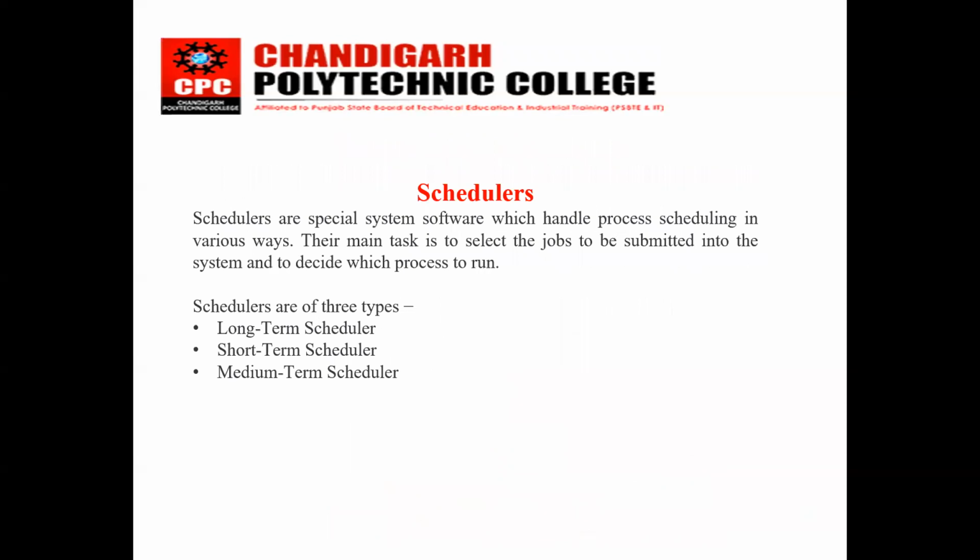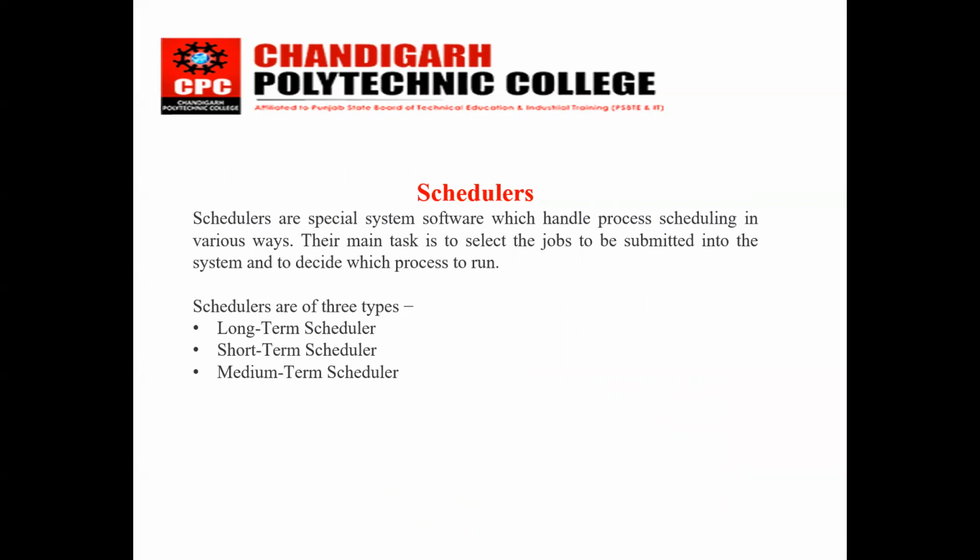Now next, schedulers. As I already explained, schedulers are special system software which handle process scheduling in various ways. Their main task is to select the jobs to be submitted into the system and to decide which process to run. Schedulers are of three main types.